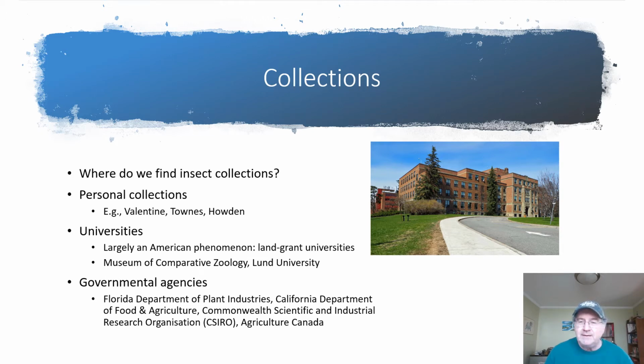When you walked in, it was like walking into an institution almost in some respects. So some of these personal collections are very important in terms of the science of systematics and taxonomy and what insect collections are used for. And I'll get into that a little bit in a couple of slides here.